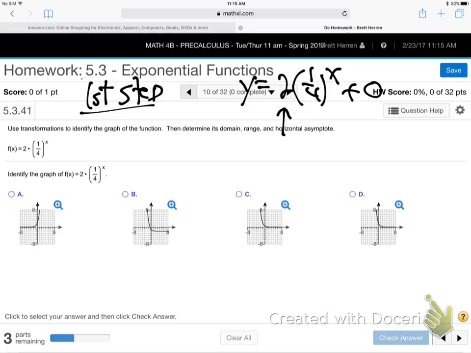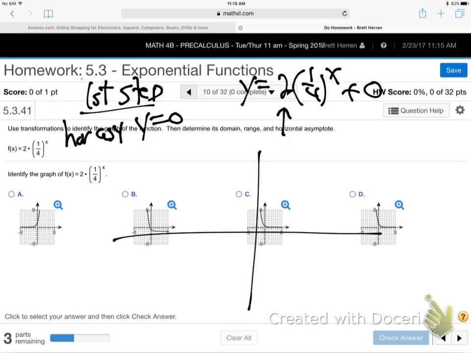So the first step is: the horizontal asymptote is y equals 0. In other words, it's just the flat x-axis. That is our horizontal asymptote. That makes sense because there was no number out there. So the horizontal asymptote is whatever number is added or subtracted off to the side, in this case, 0.